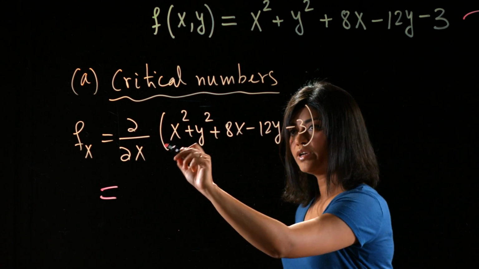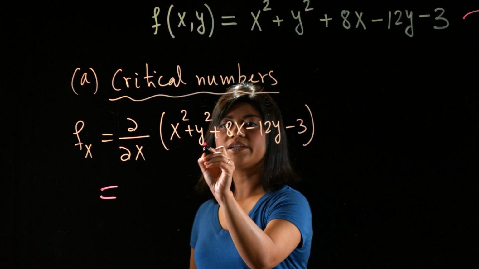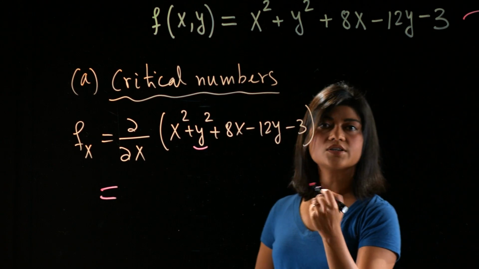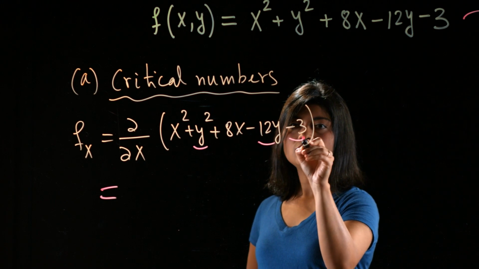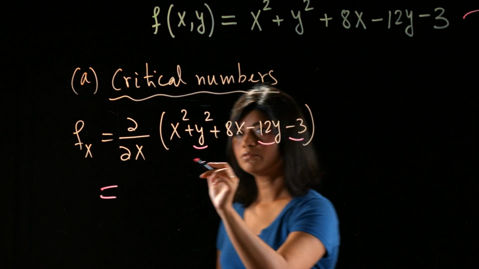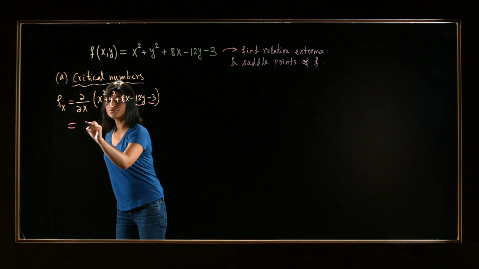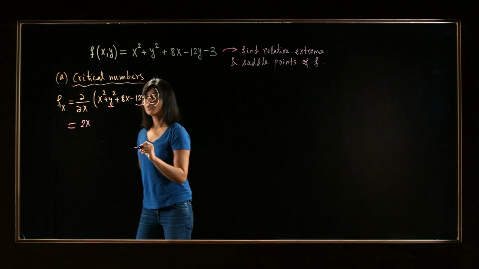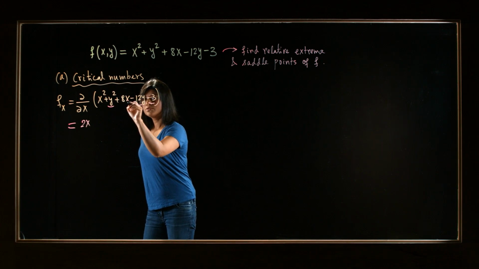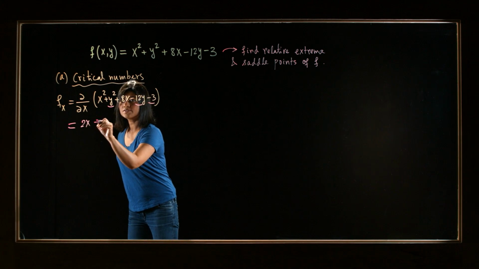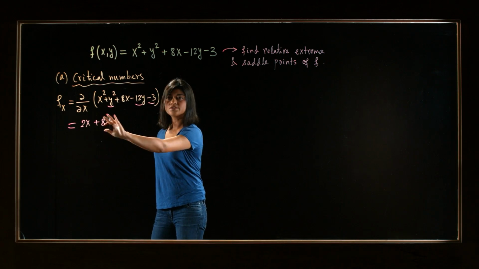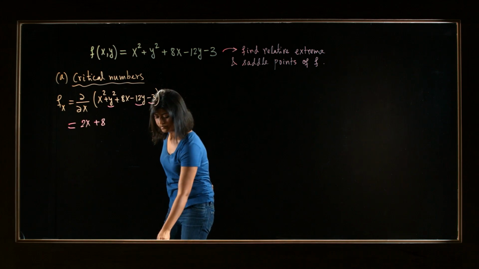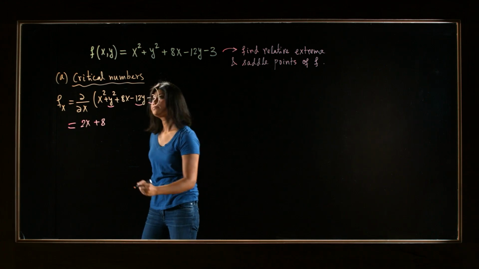Note that this is with respect to x, so y will be considered constant, so all of these terms are constants. The derivative of x squared is 2x, y squared is 0, derivative of 8x is plus 8, and then the rest are 0. So this is the first partial derivative with respect to x.